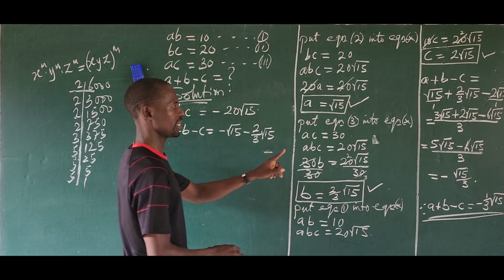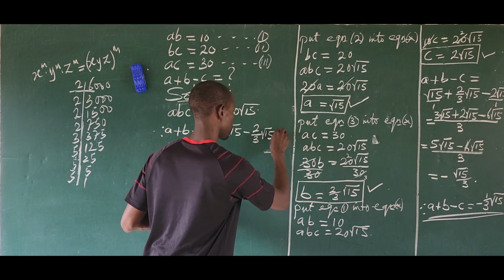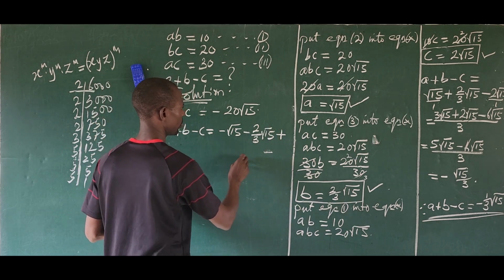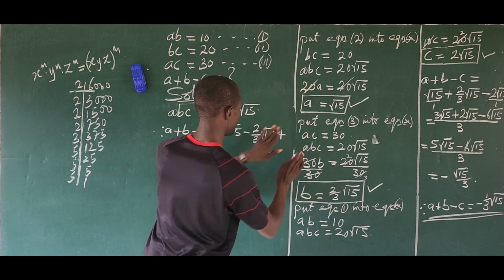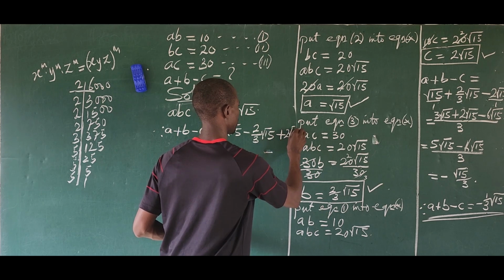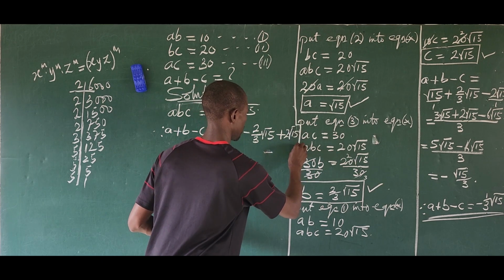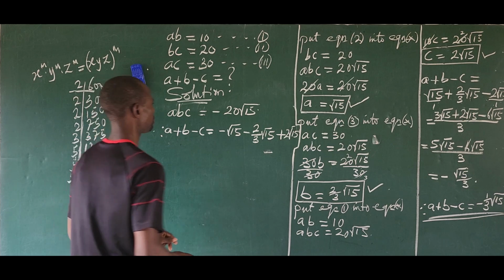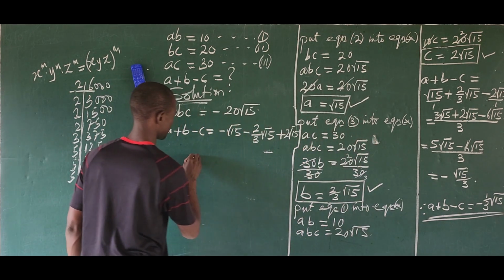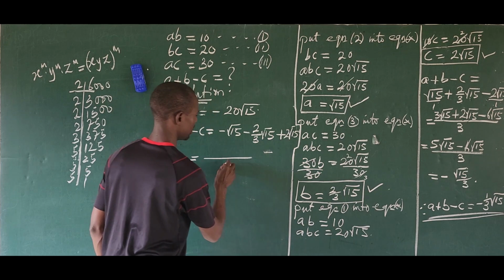Then our C is going to give us plus, because we're going to have minus minus, our 2 root 15. Okay, let's just manage this. So let's go ahead and find the LCM again. Our LCM is still 3.